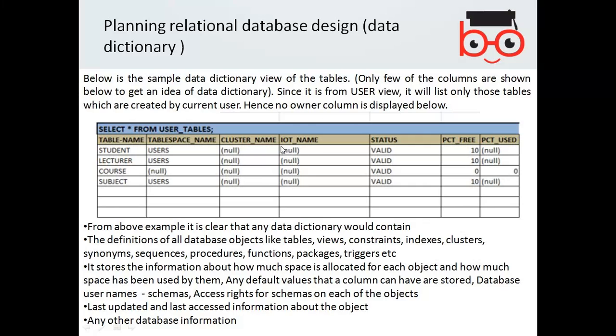The IOT name and IOT are the locations of the particular field, like status valid, PCT free, PCT used. So this is very technical detail stored in the database about student, lecturers, courses, and subjects.